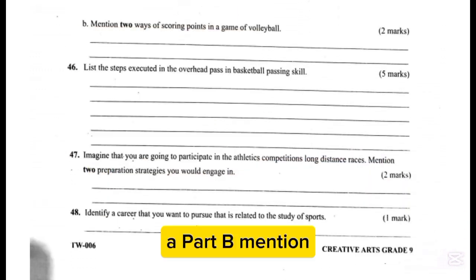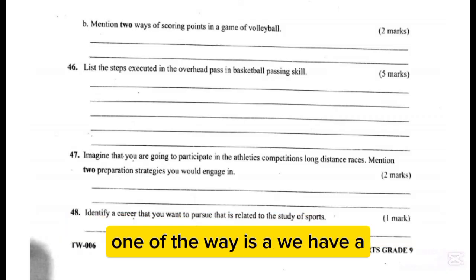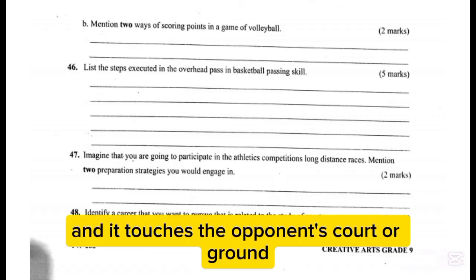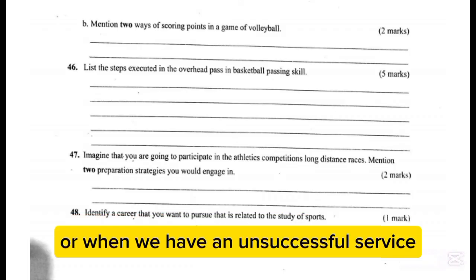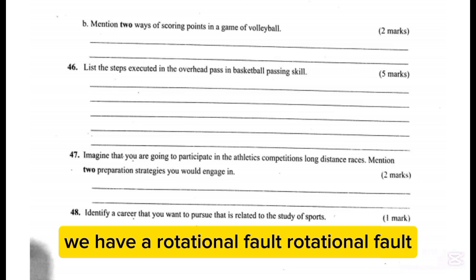Part B, mention two ways of scoring points in a game of volleyball. One of the ways is when the ball is played and it touches the opponent's court or ground, or when we have unsuccessful service by the opponent, or we have rotational fault.